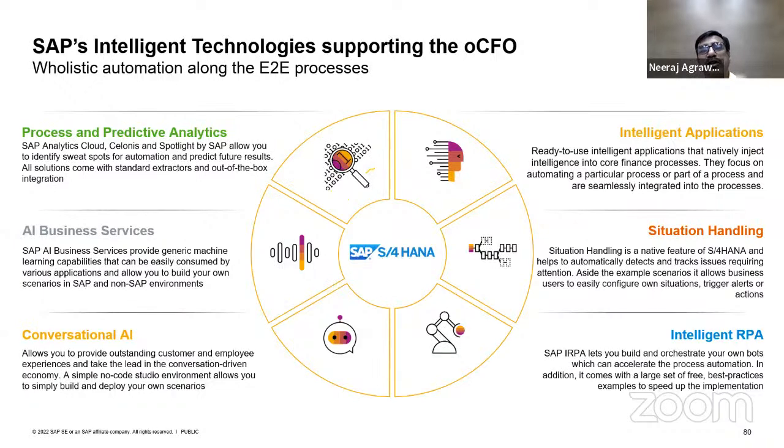With predictive analysis, we can know the future. From conversational AI, we can basically talk to the system and get some simpler reports out, or input particular data into the system. Intelligent applications can really give you insights into the future.